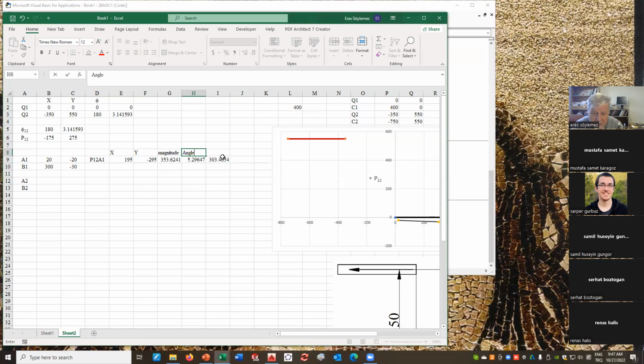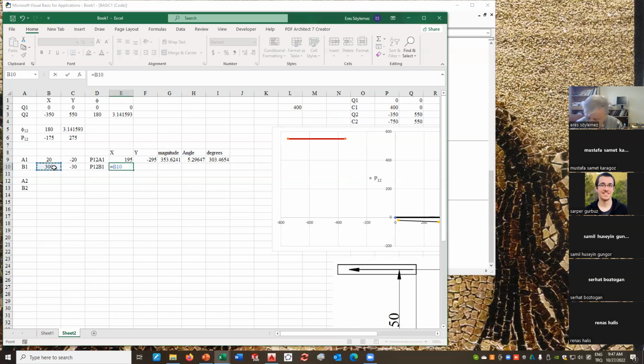Angle, and then degrees. In radians, in degrees. Can I do the same thing for P1 to B1? Repeat the same process.